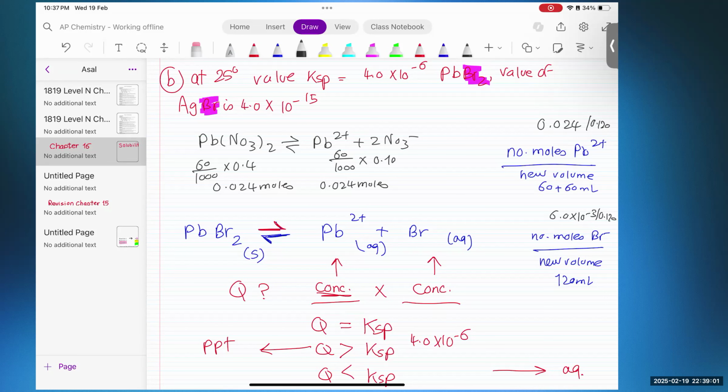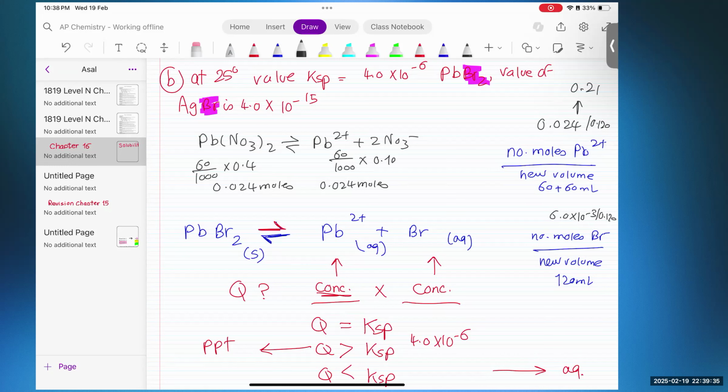Let me just divide it. 0.024 divided by 0.120 is 0.2 molar, correct?